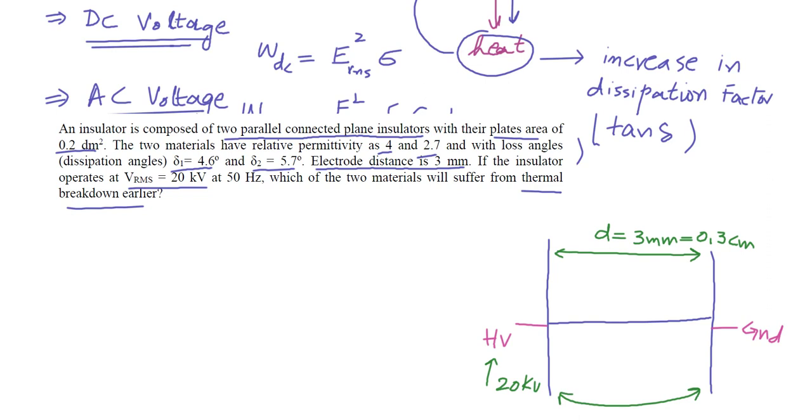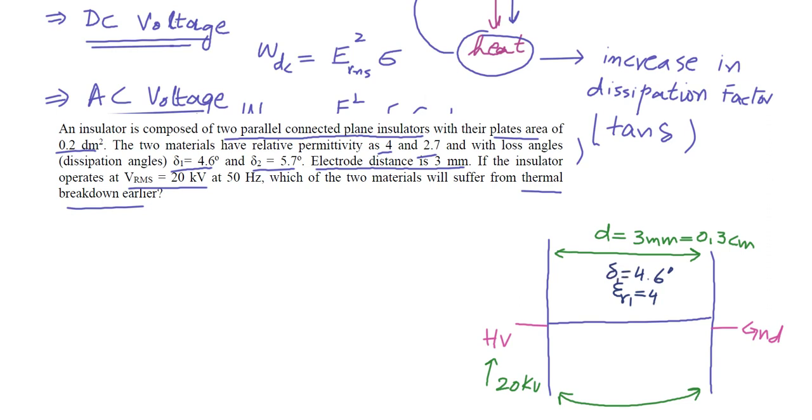And now we have the permittivity of one insulator as epsilon R1 equal to 4, and its loss angle, or dissipation angle, is 4.6 degrees.